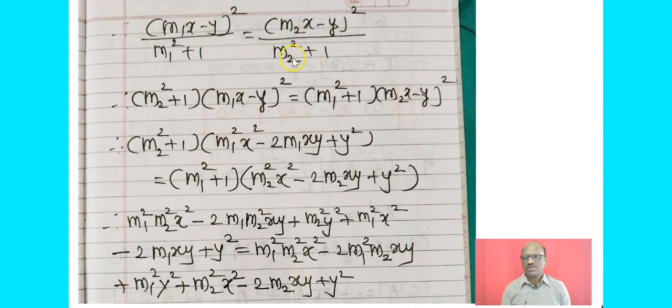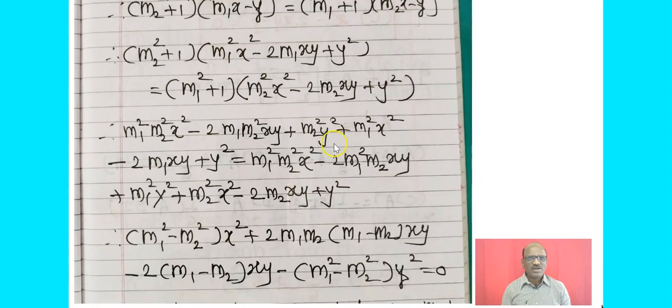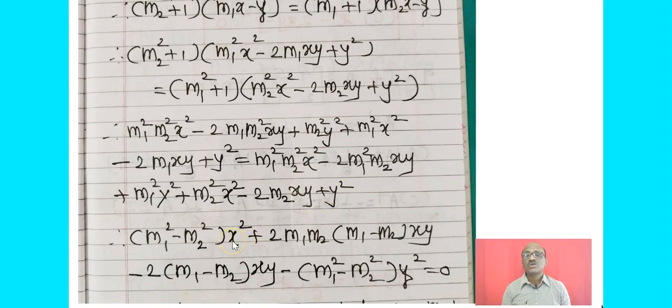(m1x minus y) bracket square upon m1 square plus 1 equals (m2x minus y) bracket square upon m2 square plus 1, and make the cross multiplication and simplify this, that is (m2 square plus 1) in bracket. Now the expansion of this is written, m1 square plus 1, and the expansion of the second term is written. Now multiply on both sides and collect the terms of x square, the term of xy and the term of y square.